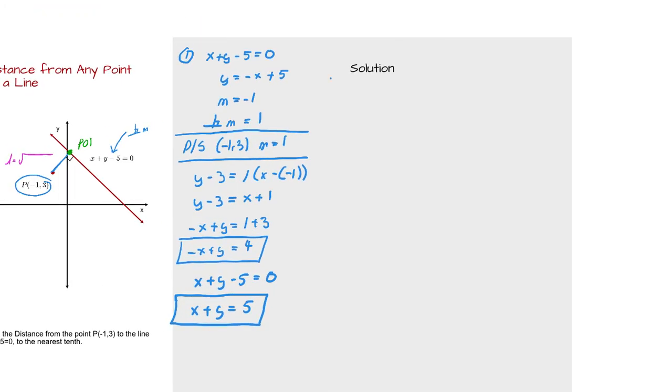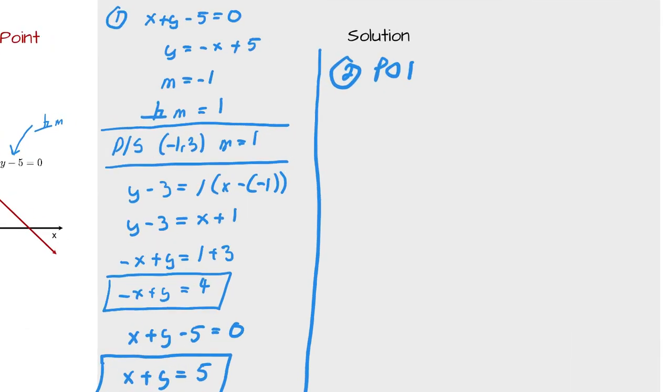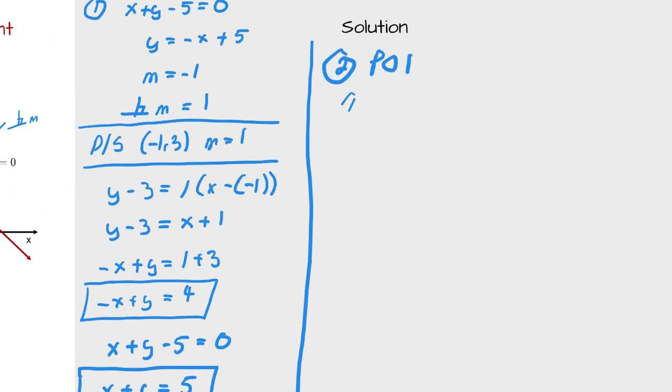The next step is to find the POI. So I'm going to stack my equations. Equation number 1, negative x plus y equals 4. Equation 2, x plus y equals 5.